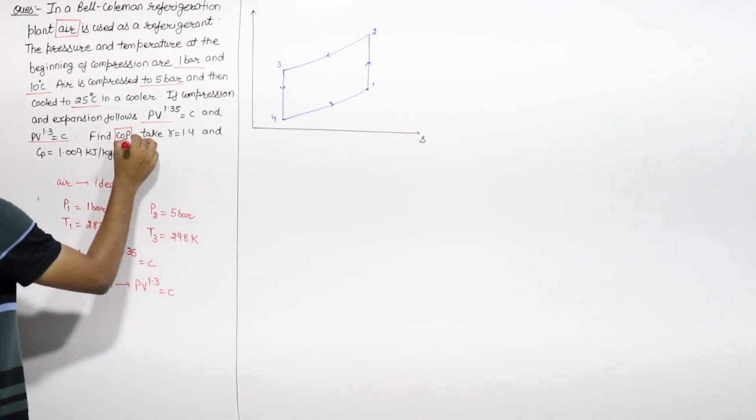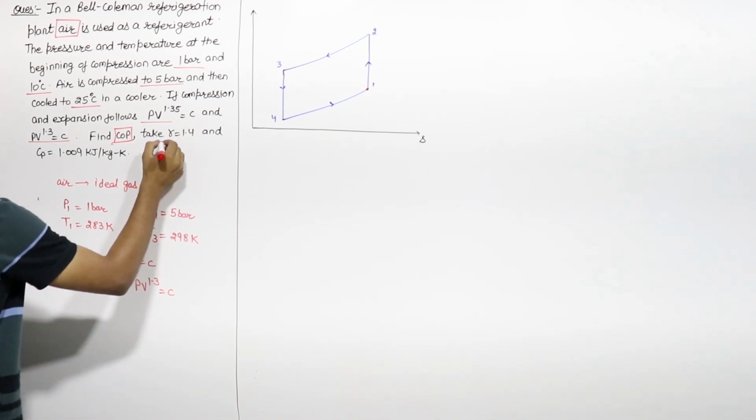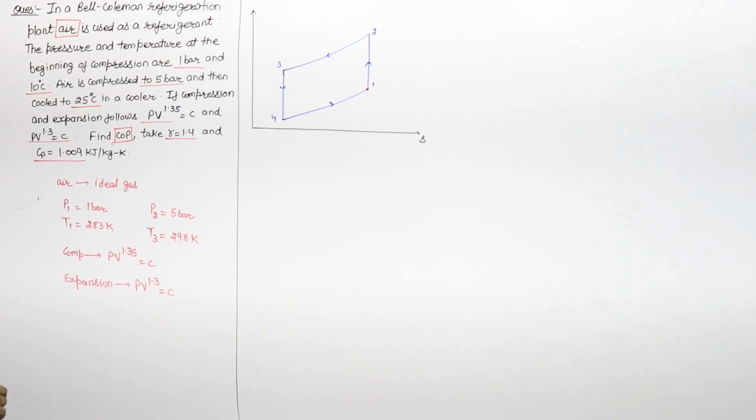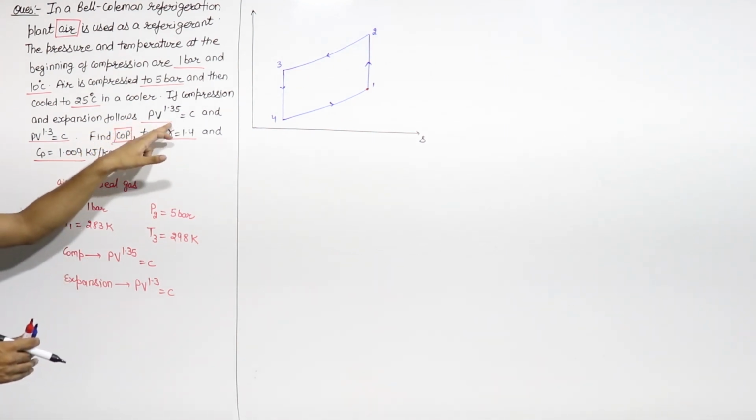We have to find the COP, and gamma for air is 1.4 and Cp for air is given as 1.009. Now let us start solving this question, right? The most important thing in this question is that if the process is reversible adiabatic, then this relation must be PV raised to power 1.4.